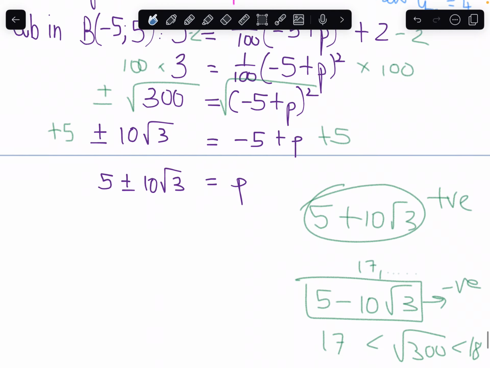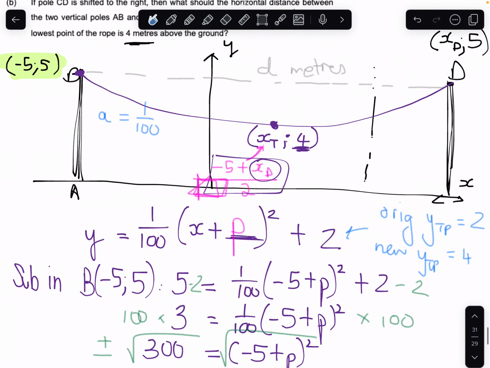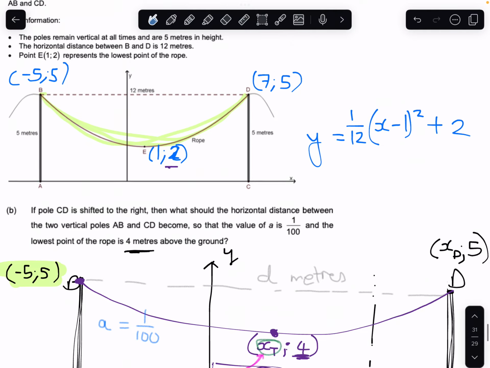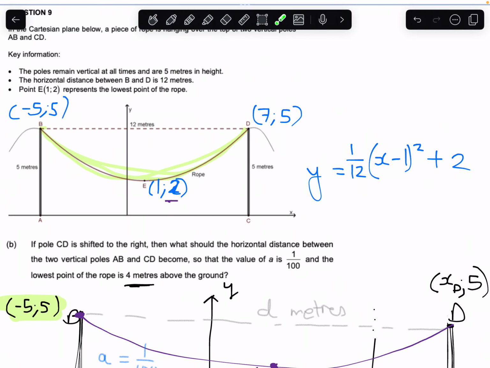And remember what P is, right? P is how much the parabola that we're looking at here has shifted. And again, remember that it's relative to the origin. And we know that the x coordinate of the turning point is on the positive side of the x-axis, because the original parabola we looked at, the x coordinate was 1, and then we're moving the pole to the right, so this is also going to move out a bit further into the positive.